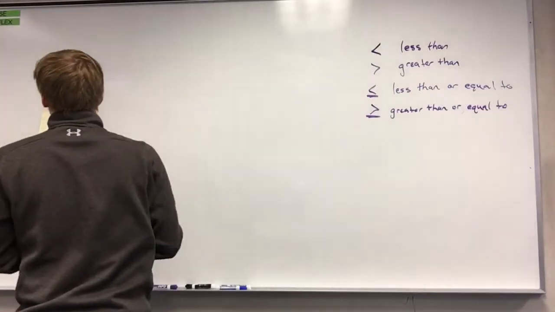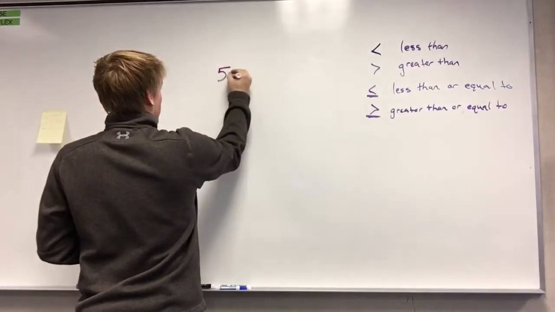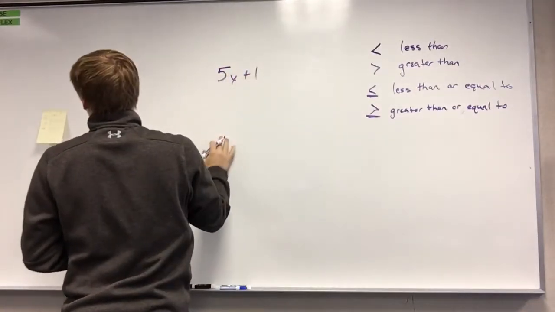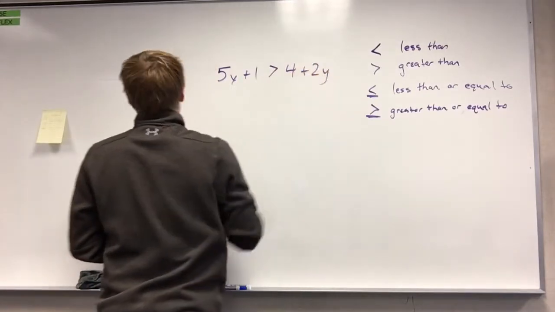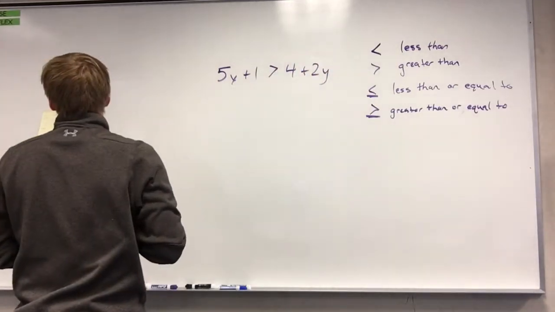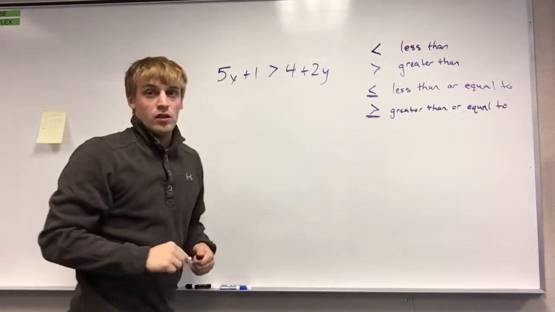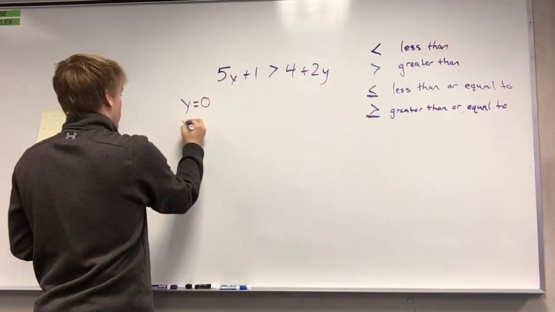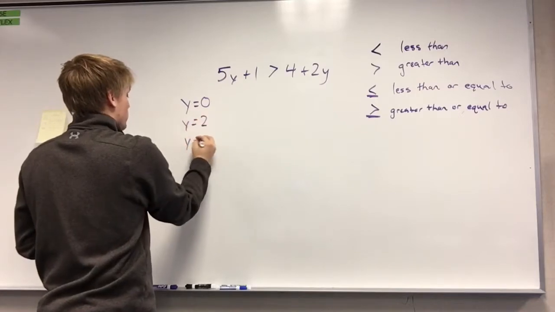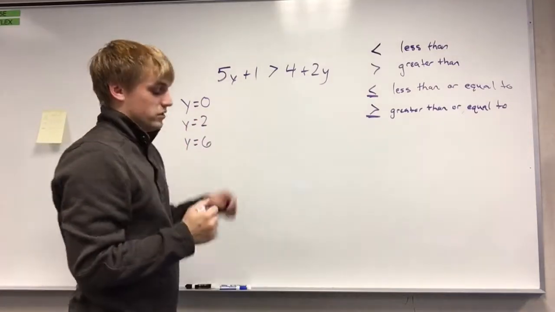5y plus 1 is greater than 4 plus 2y. Okay, we're going to have y equals 0, y equals 2, and y equals 6. Okay, so we plug them in.